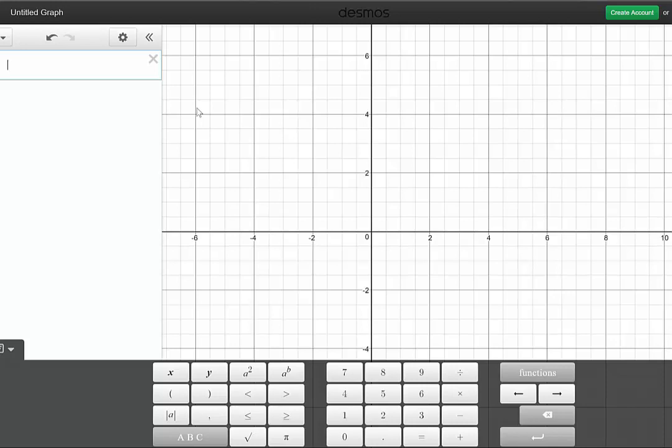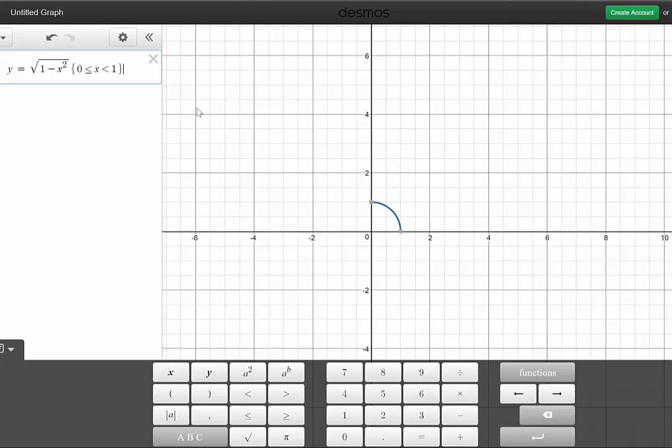In order to put a piecewise function into Desmos, we're going to do the following. We're going to put y equals the first part of the function, square root of 1 minus x squared. And in order to say at what part we want it to exist, we're going to use curly brackets: 0 less than or equal to x, which is less than 1.